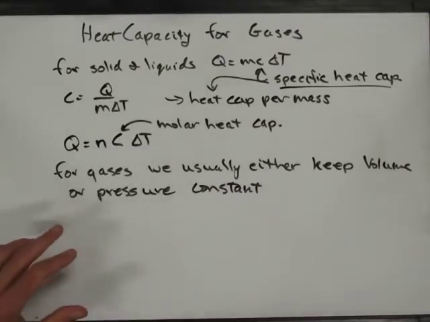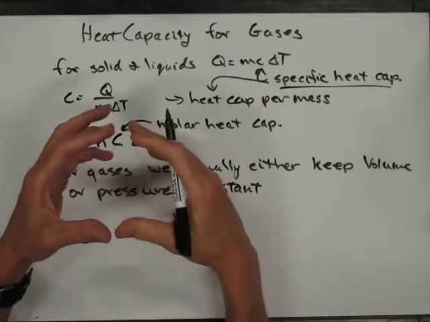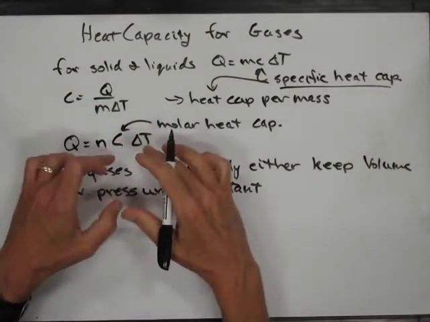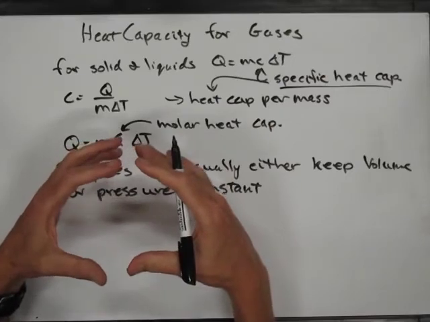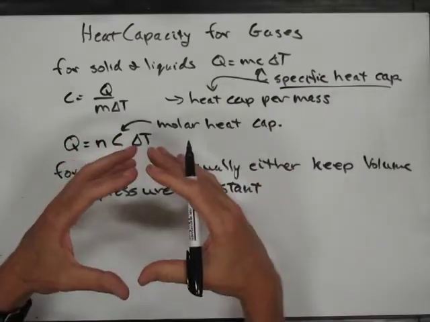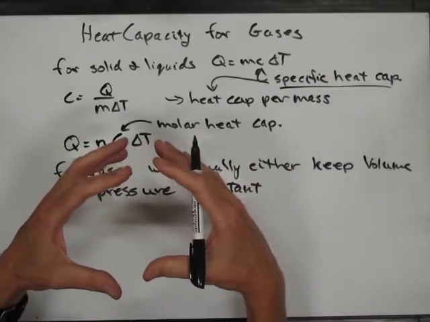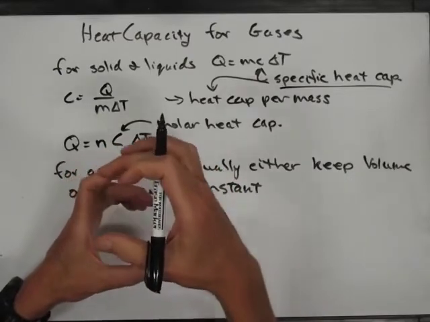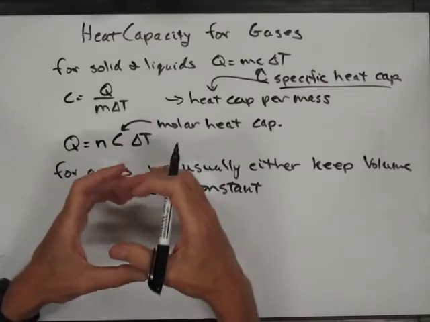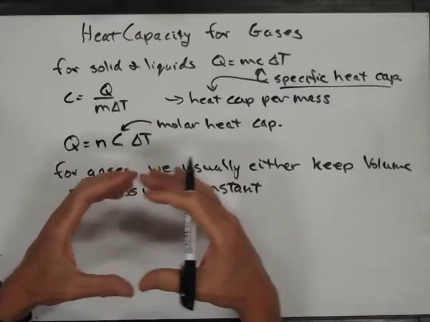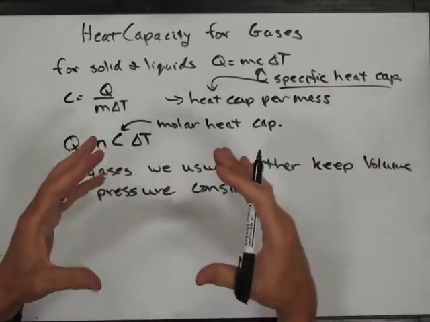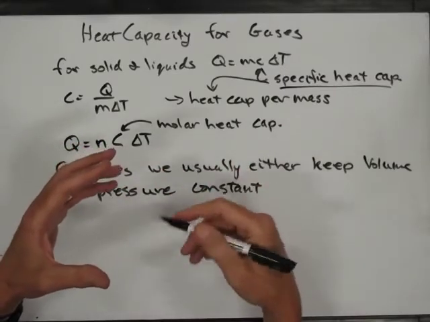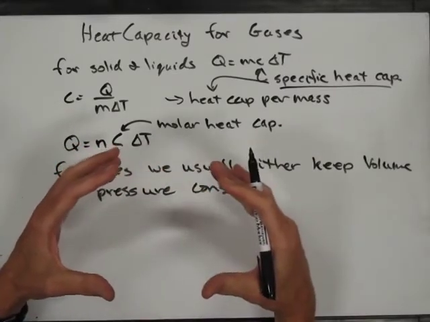That is to say, if you have a gas and you start adding heat to it, and you talk about its ability to hold heat, well, if you're allowing it to expand, let's say it's in a balloon, or a tube with a piston on top, if you're allowing the gas to expand while you're adding heat to it, by expanding it's doing work on whatever it's expanding against, so it's using up some of that heat to do work, and that's kind of cheating. That's kind of letting energy get out of the system.